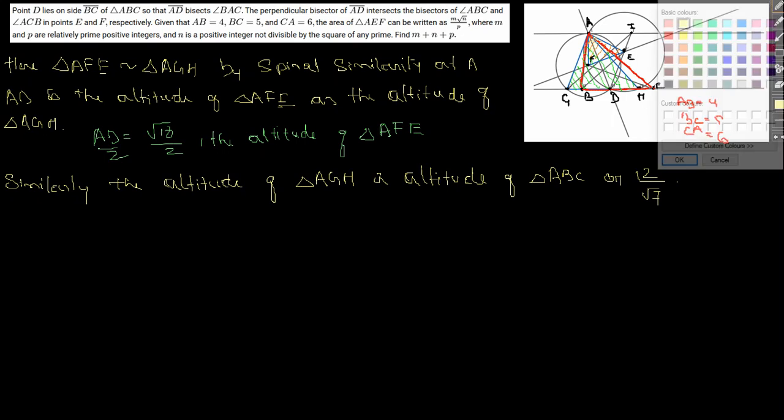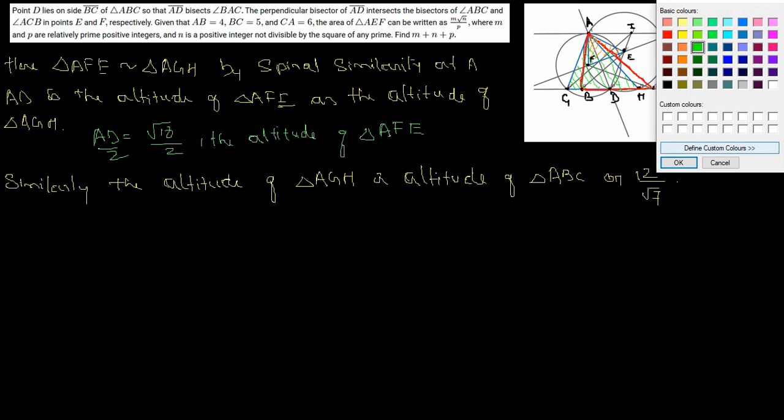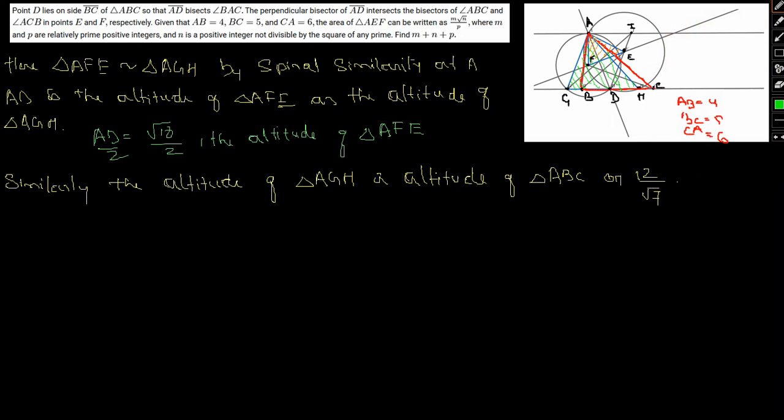Also, GB equals HC, they are 1, and therefore AGH is similar to ABC.